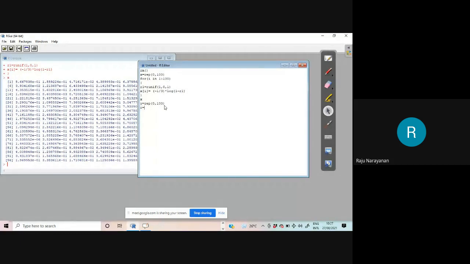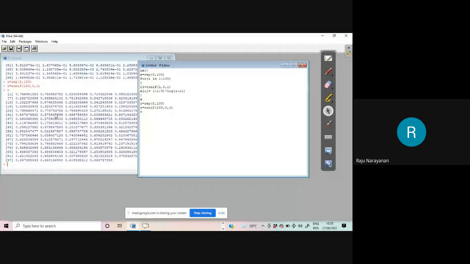R is equal to runif(100, 0, 1). Therefore, it will generate 100 values. If you want to see R, you can see 100 values now.